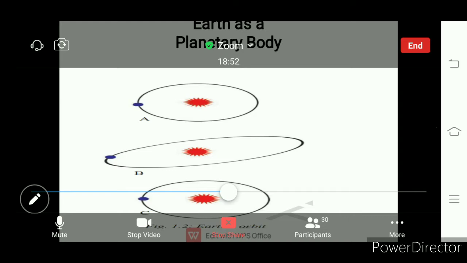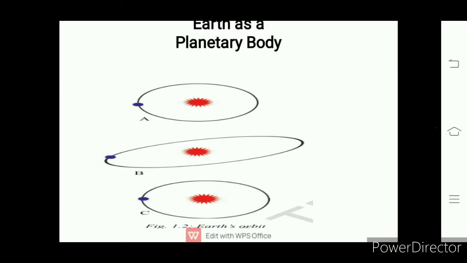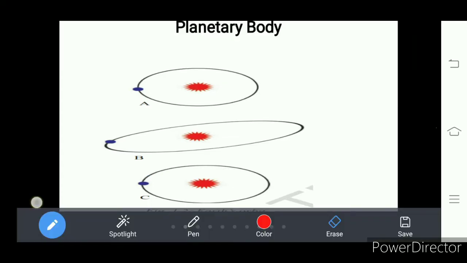And it goes around the sun in a particular orbit. That is the path of the Earth, what we call orbit. So how is the orbit of the Earth here?